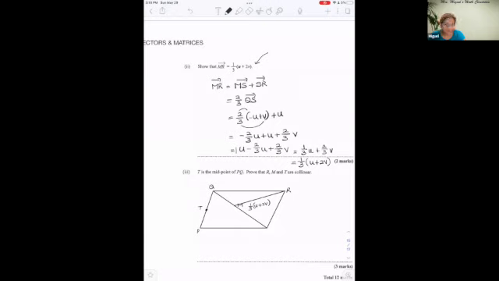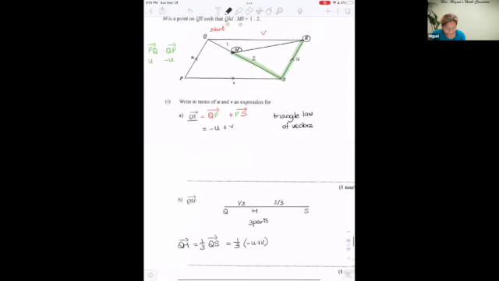So we can find the vector TR. The vector TR will take us from T to Q and Q to R. So we have the vector PQ, which is U. That is what we have from the beginning here.